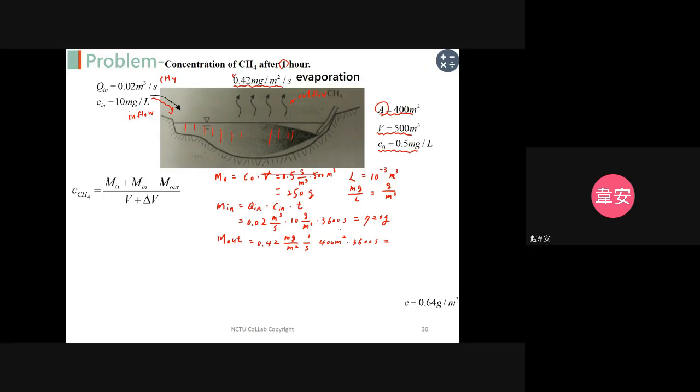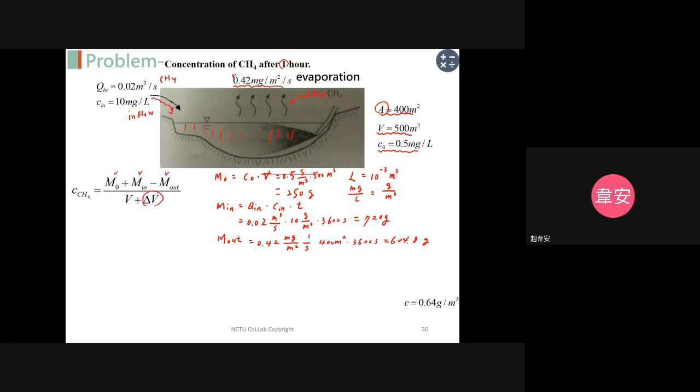So for the final answer we need to divide by 1000 to convert mg to g. So here the mass is 604.8 g. Okay, so we have M0, M in, and minus M out.